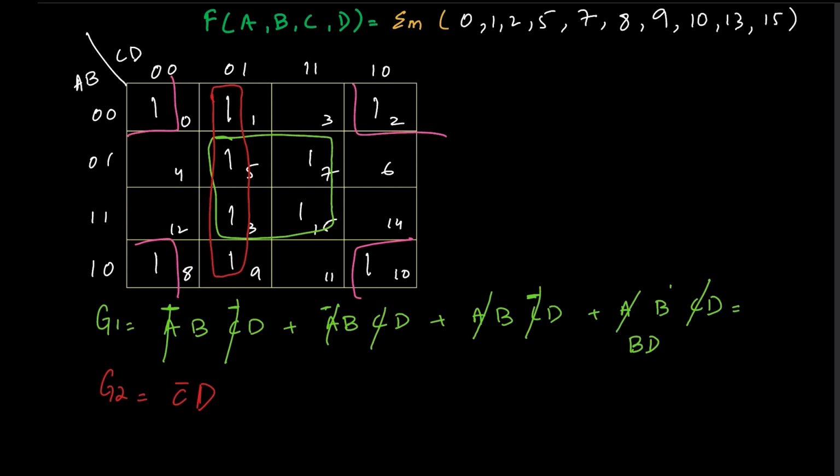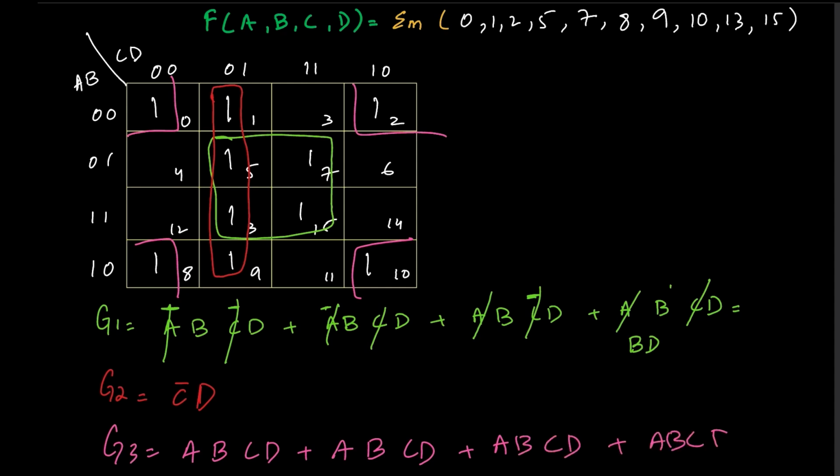Now let's solve for the last group, which is this one, group 3. Group 3 again has 4 cells, so we will have to write down A, B, C, D 4 times. Look at the cells. Cell number 1 has 0, 0, 0, 0, so bar on each alphabet.